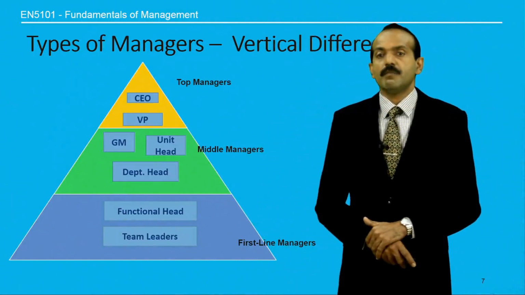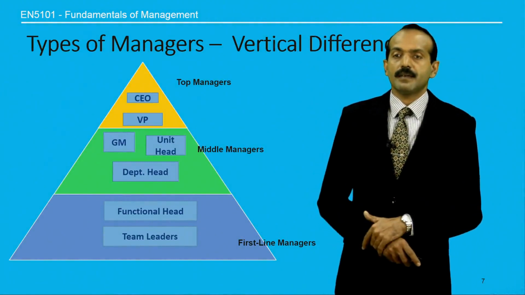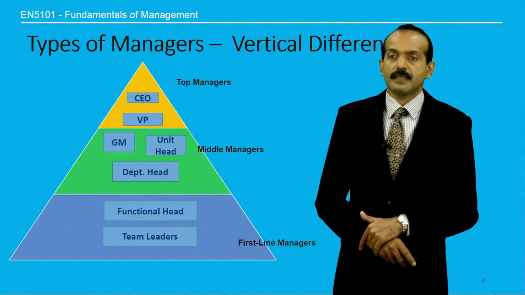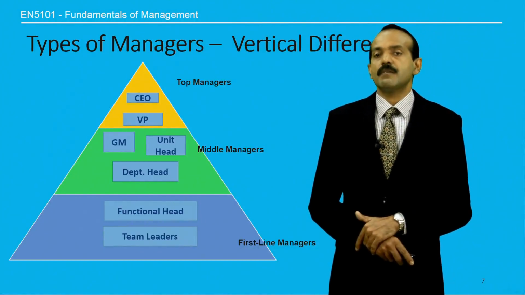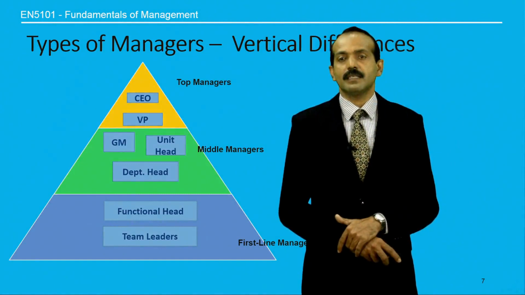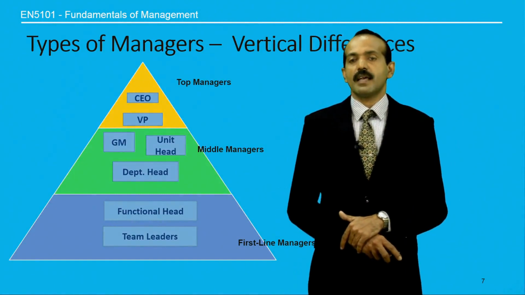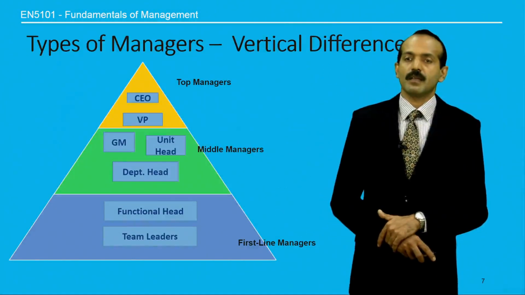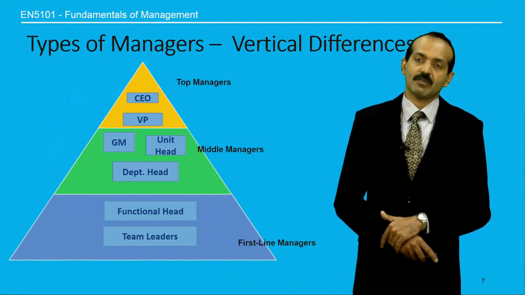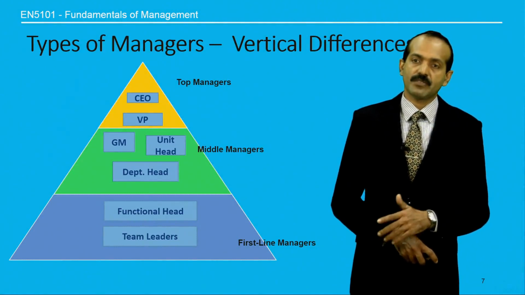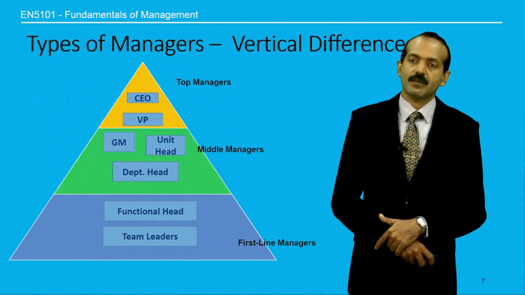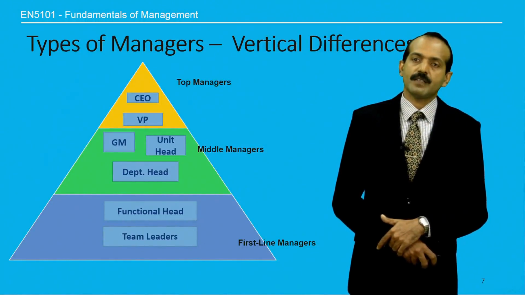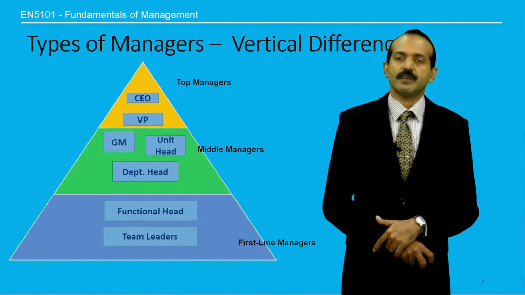Under the top managers, the diagram has identified two top managerial positions: the CEO position is the first one and the second one is the vice president. There are many other positions as well, like MD, managing director, chairman. It depends on the organization. In different organizations, these top managerial positions are named in different ways.